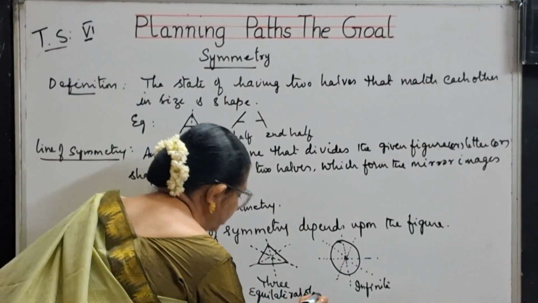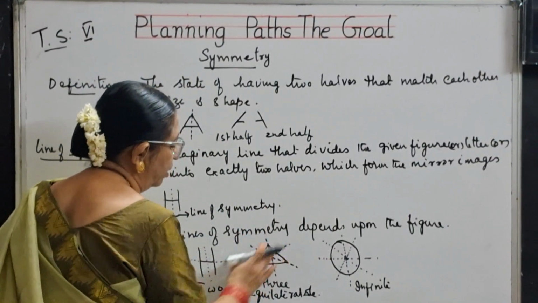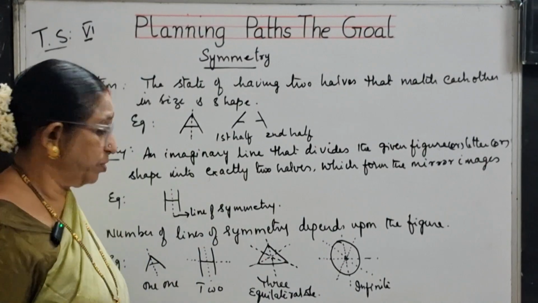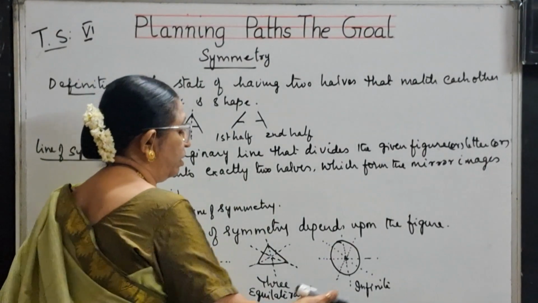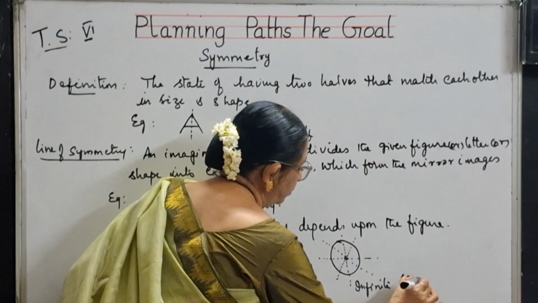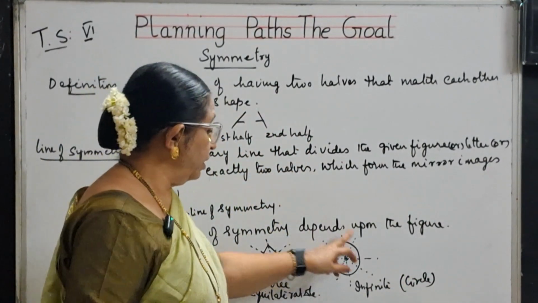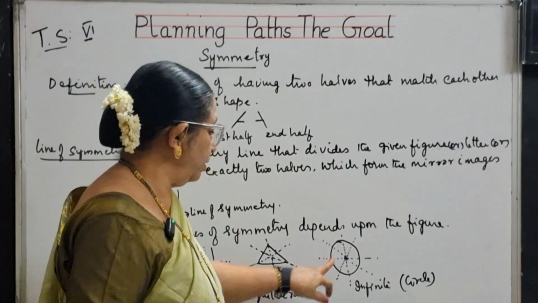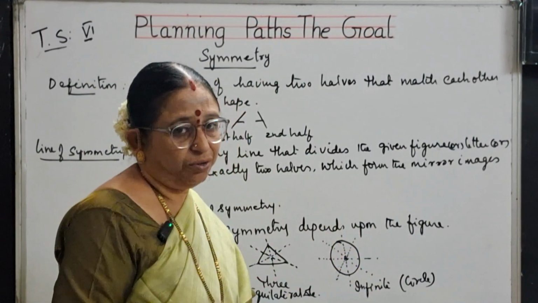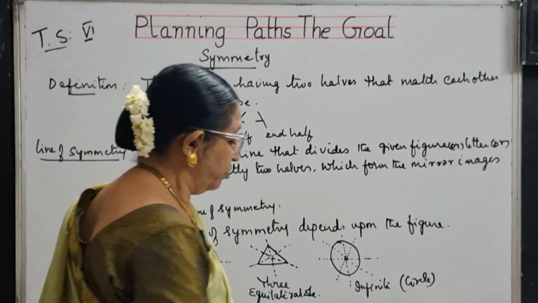Only for the equilateral triangle, you can divide it into three equal halves. And then this one is a circle. So in the circle, you are having infinite number of lines of symmetry through the center. As many lines as you can draw, all those will be considered as line of symmetry.